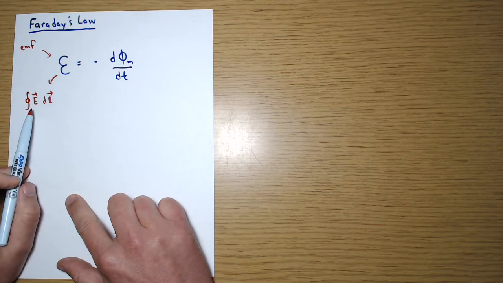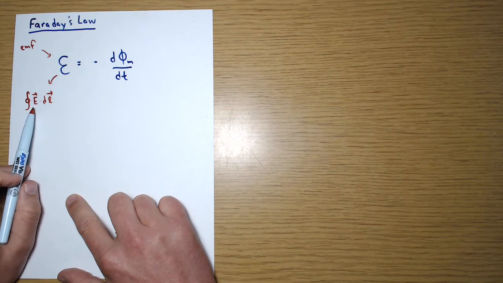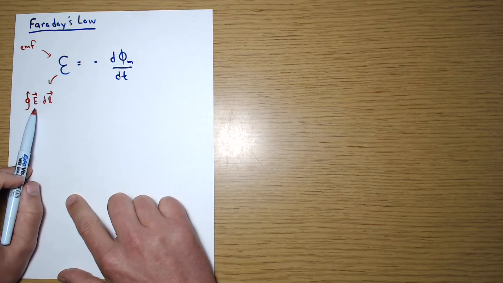And typically for an electric field that is caused by charges, the electric field lines don't form closed loops, but when we're dealing with EMF, in fact they do.